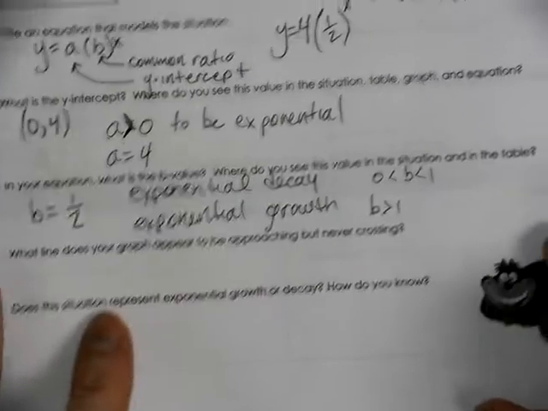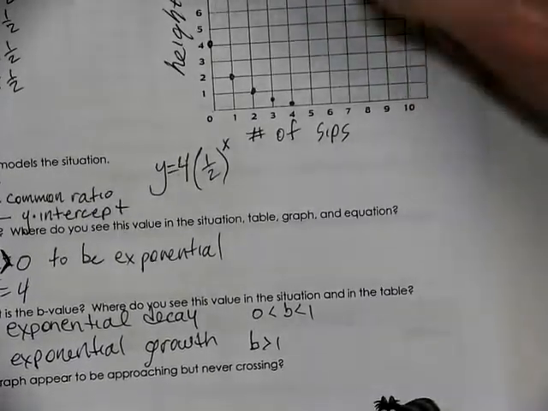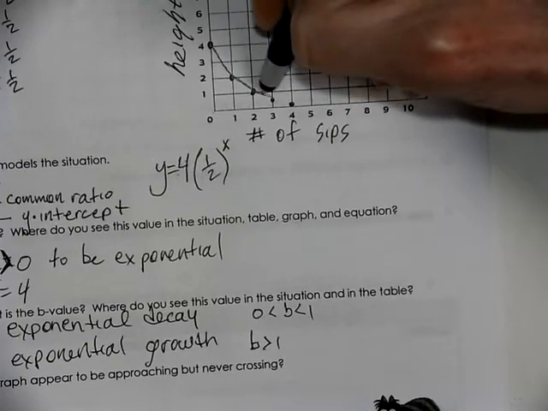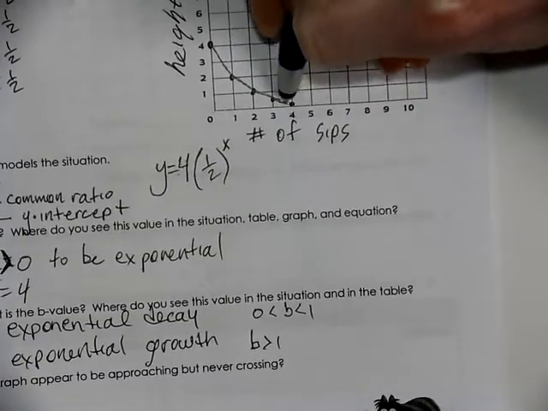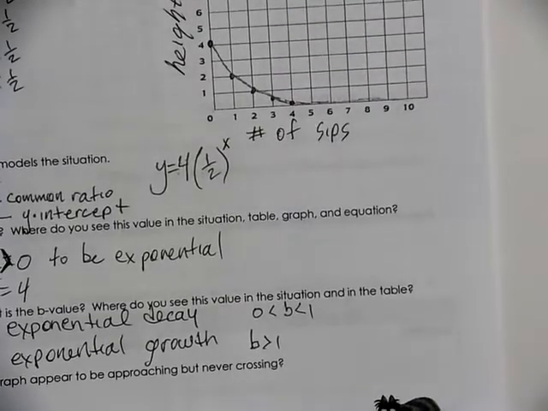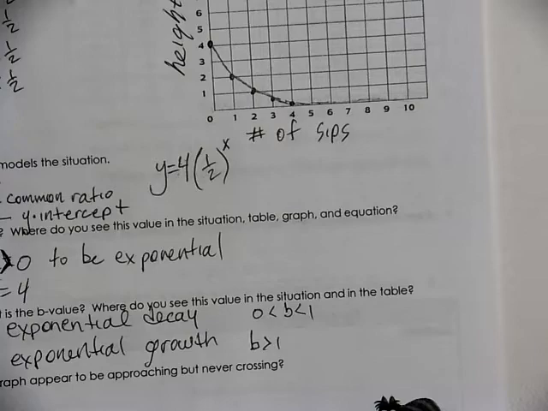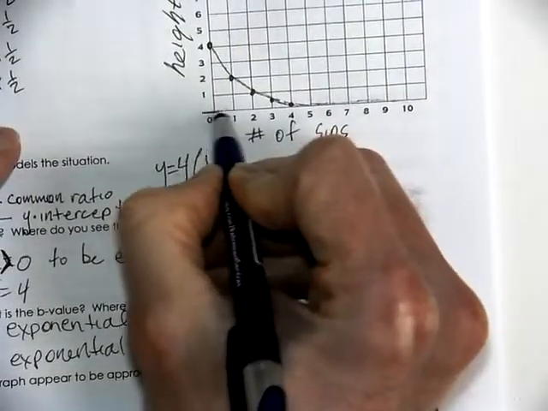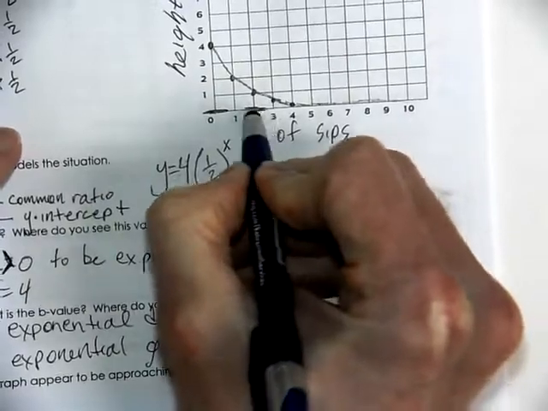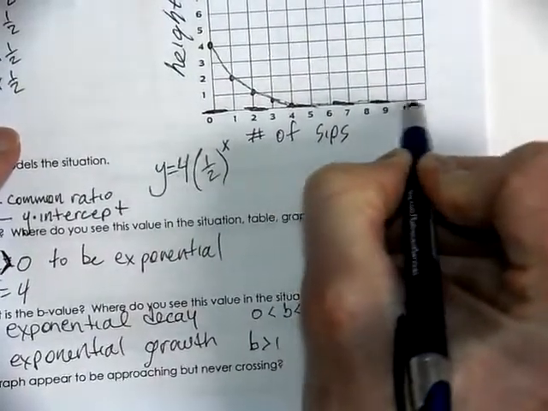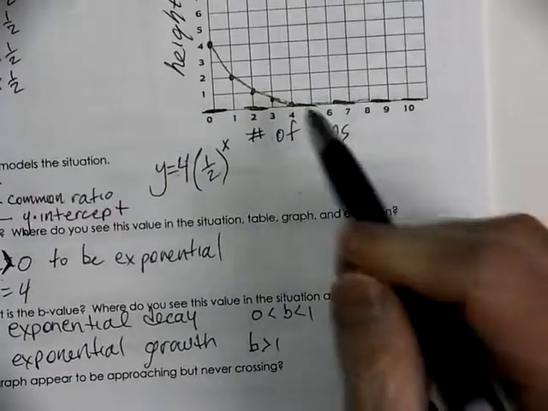What line does our graph seem to be approaching? If we were to connect these and make it graphing a normal function, what line are we approaching? The x-axis. And that x-axis we could never reach, maybe by doing our graph.